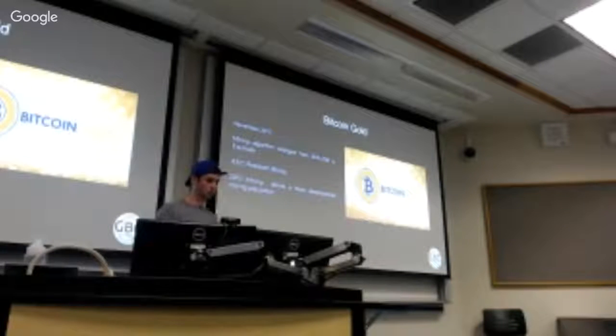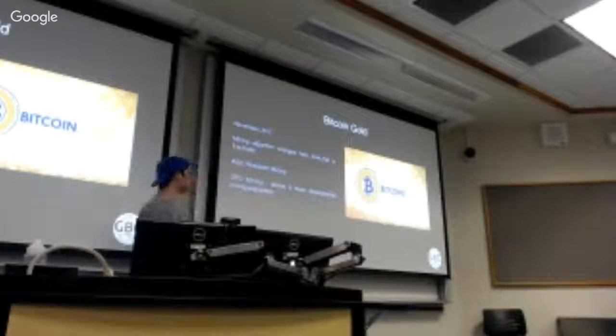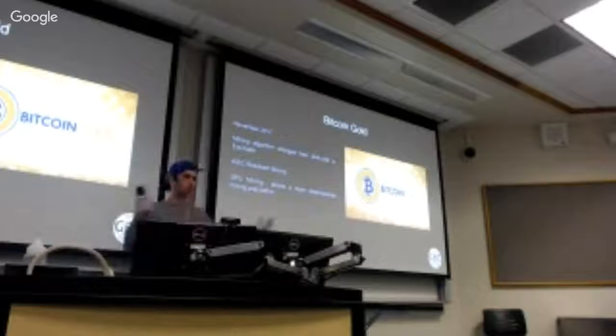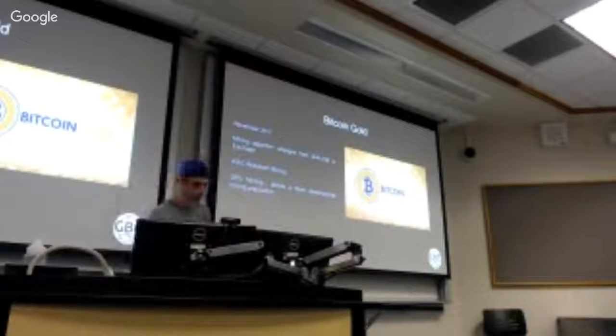What Bitcoin Gold does is change from the SHA-256 mining algorithm to Equihash. What that does is make it ASIC resistant, so GPU mining. Specifically, what you're trying to do is let your more common person mine, so you don't need a full machine to just mine a certain Bitcoin. They kind of want to expand mining, let everyone get a part in it.